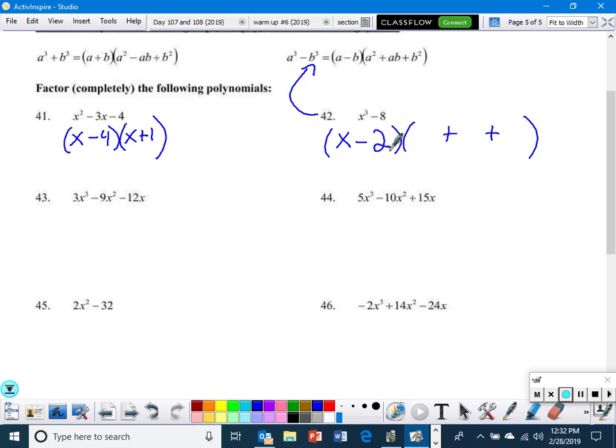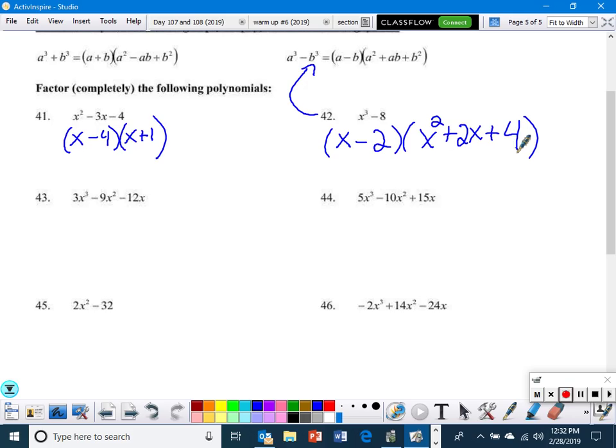So following the pattern, now this would be x squared. A times b, well, that would be 2 times x, so this is 2x. And then 2 squared, following the pattern, the b is squared, that would be 4. That's it, we're done. Okay, that one was a difference of 2 cubes.